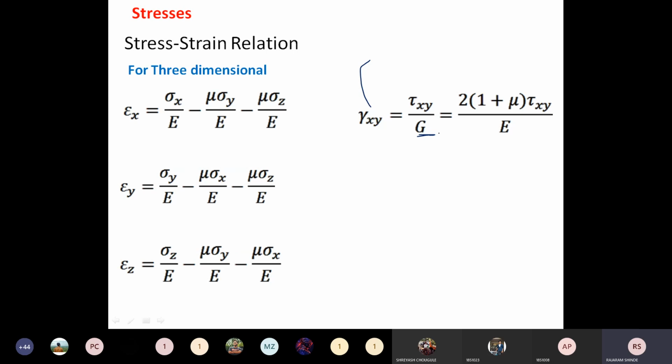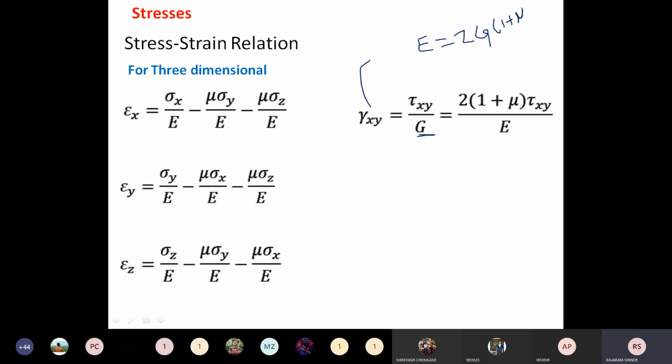And for the modulus of rigidity I have used the relation between the modulus of elasticity and modulus of rigidity. That means 1 upon G is equal to 2 into 1 plus mu divided by E, or you know this equation, E is equal to 2G into 1 plus mu.